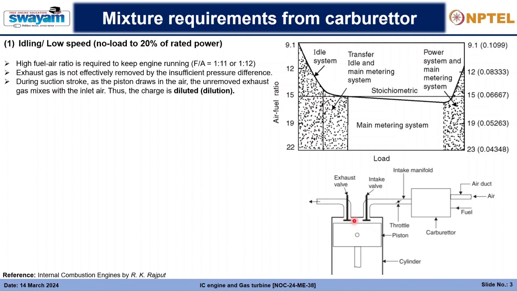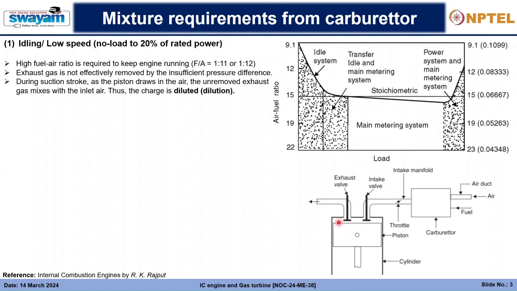Accordingly, in the suction stroke, some amount of gases will still remain at the top part of the piston, and when the new charge is added, it will mix with the burnt gases. It will reduce the amount of fuel which needs to be burned, and it will dilute the entire system.